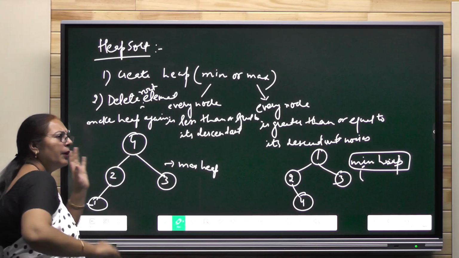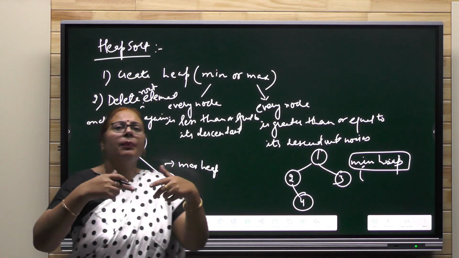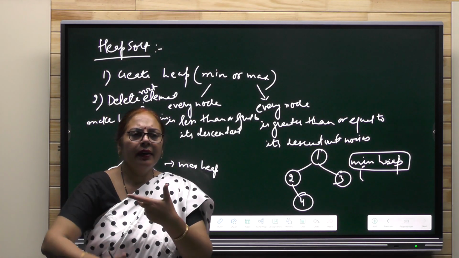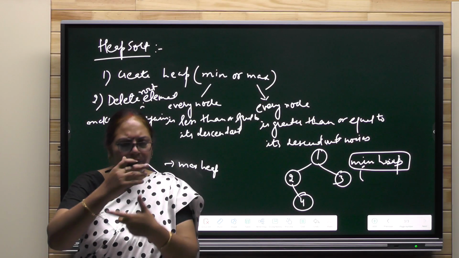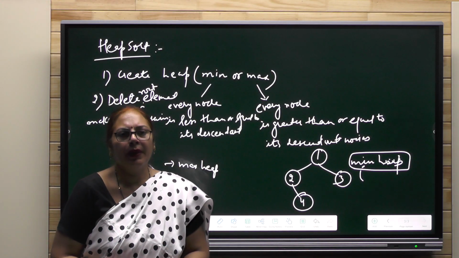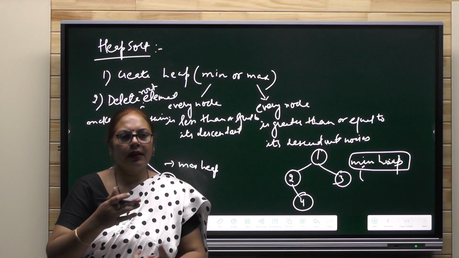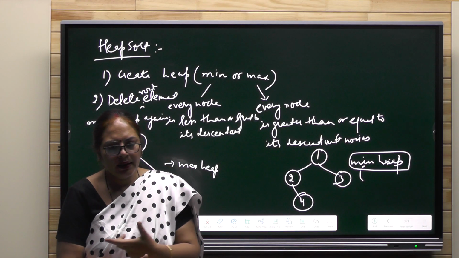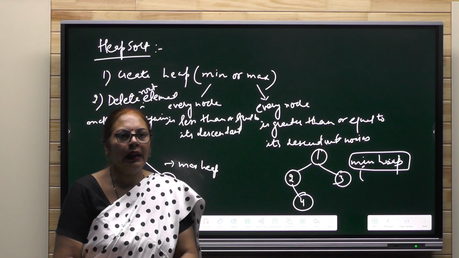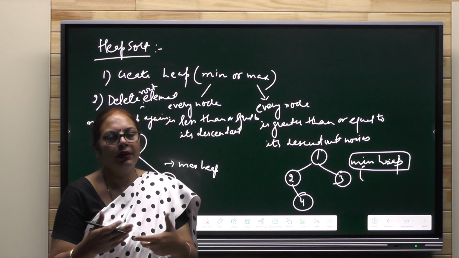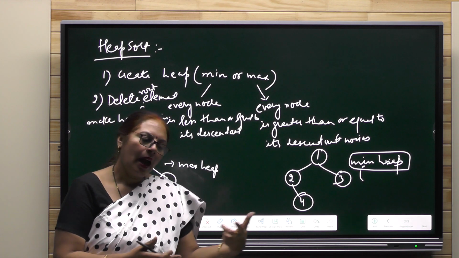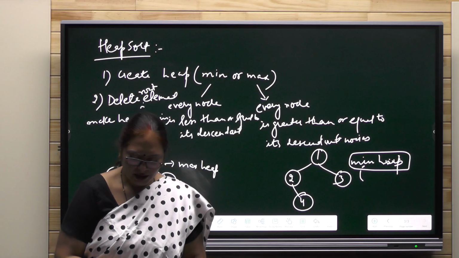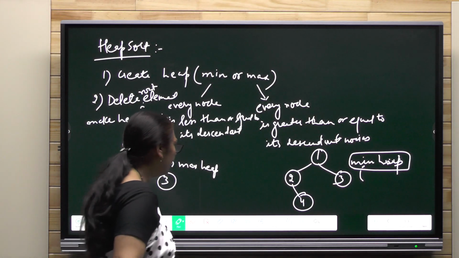We will keep on repeating this step: create the heap, delete the root element, then rebuild the heap again. This rebuilding repeats until we are left with only one node in the tree, and in the last we are going to get the sorted list. So we will take one example and see how it works.